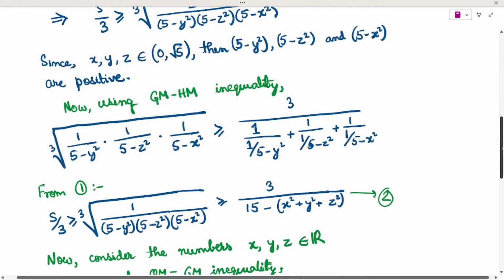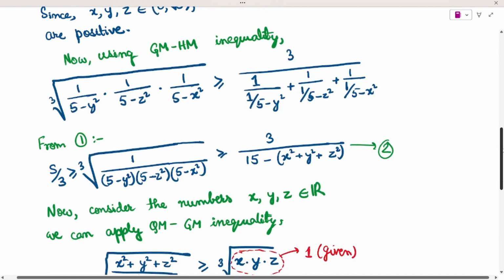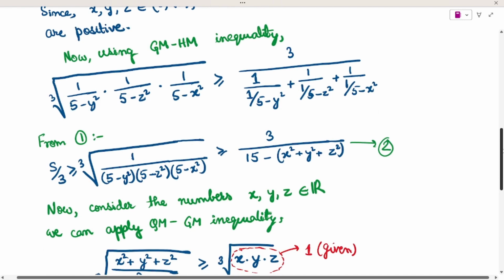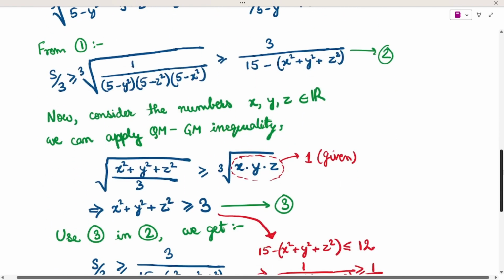But in the second inequality, the GM-HM inequality, we used a1 as 1 by 5 minus y square, 1 by 5 minus z square as a2, and a3 as 1 by 5 minus x square, right? So we were solving the same question, but we were changing the variables. a1, a2, a3 were different in each and every inequality, and then we were forming certain inequalities and equations to get the final proof which we require.